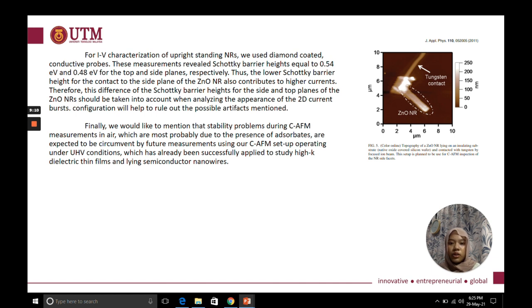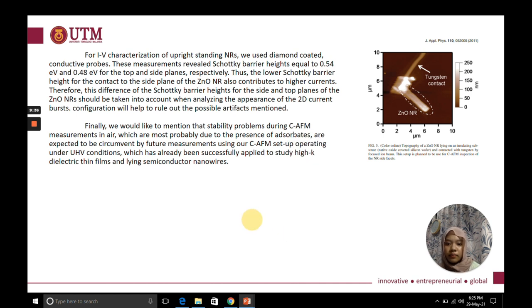Thus, the lower Schottky barrier height for the contact to the side plane of the zinc oxide nanorods also contributes to higher currents. Therefore, this difference of the Schottky barrier heights for the side and top planes of the zinc oxide nanorods should be taken into account when analyzing the appearance of 2D current bursts.